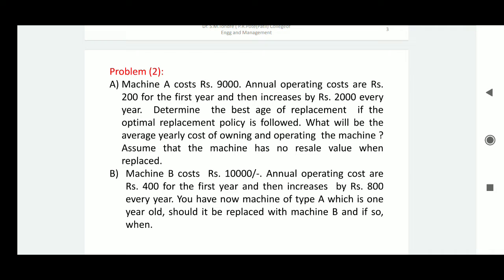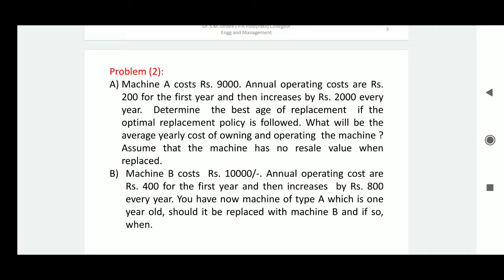So what happens, as we have discussed earlier, is that the replacement may be due to the gradual failure, or may be due to the obsolescence. Obsolescence means any machine becomes obsolete when another new machine of higher capacity is available in the market, then that new machine will be more profitable.